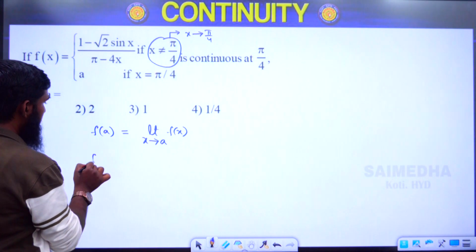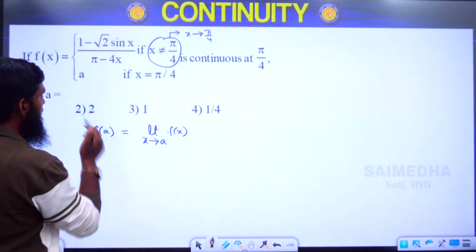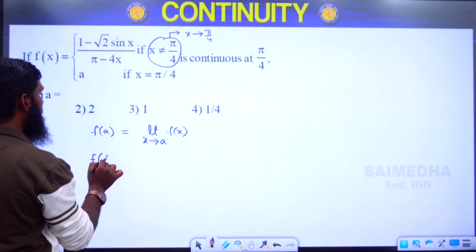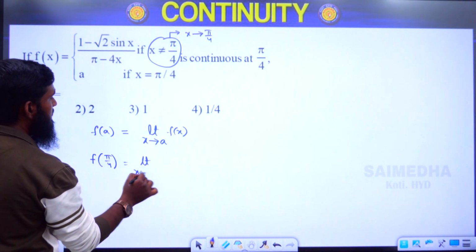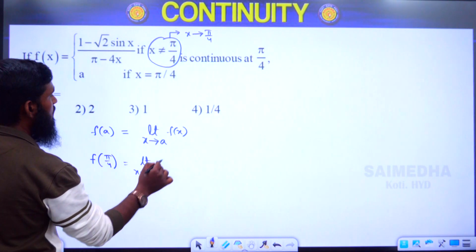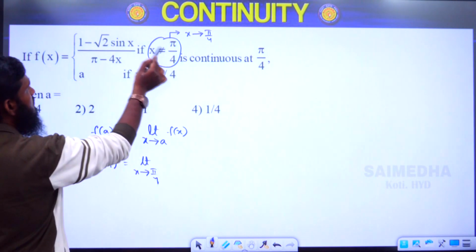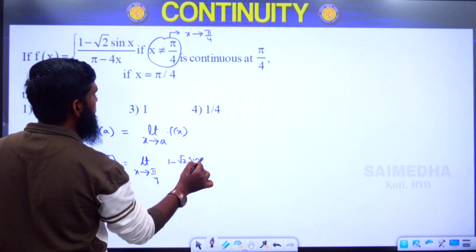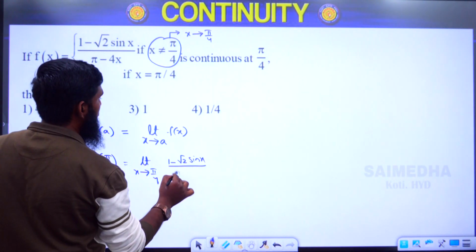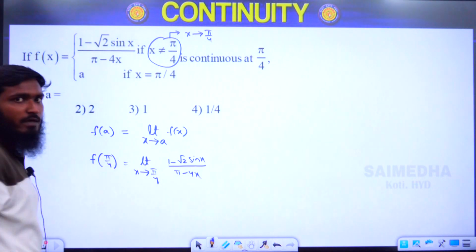So we substitute pi by 4: f of pi by 4 is equal to limit x tends to pi by 4 of f of x, which is (1 minus root 2 sin x) divided by (pi minus 4x).